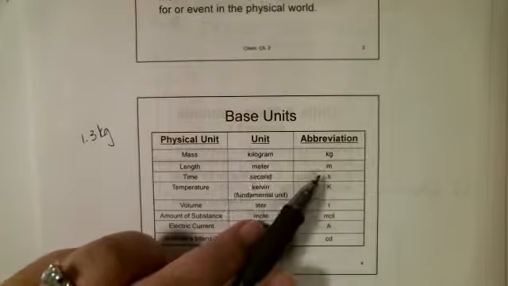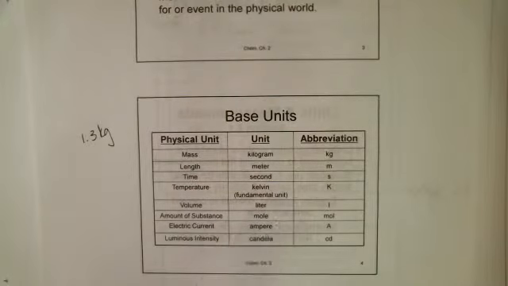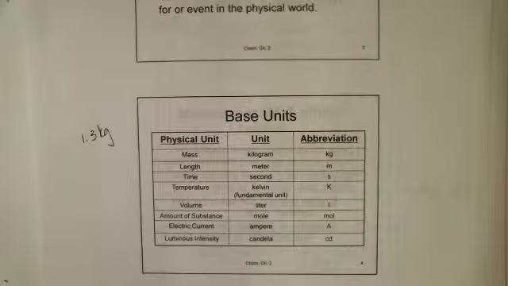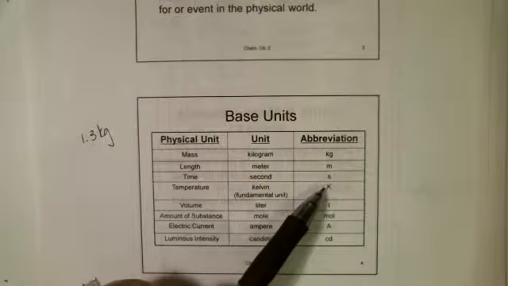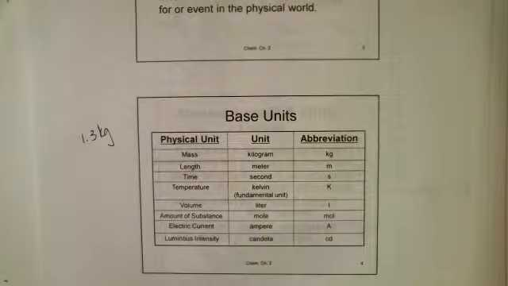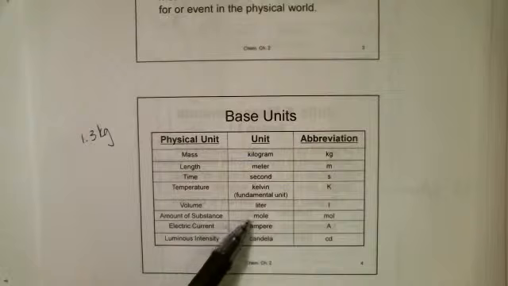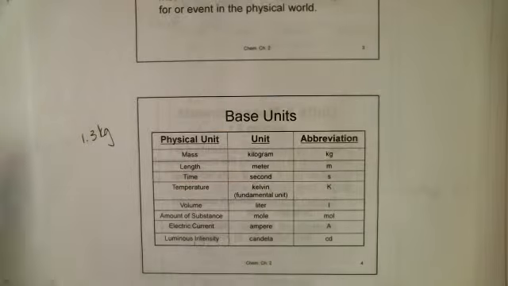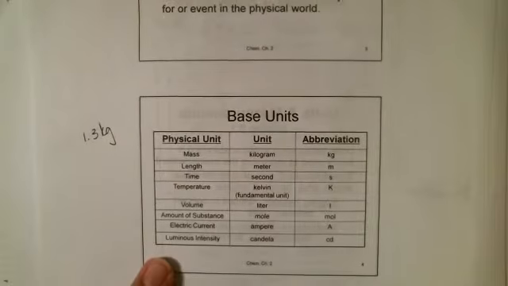Length is measured in meters, time in seconds, temperature in Kelvin. Note that it's not degree Kelvin, like degree Celsius or degree Fahrenheit. It's just K for Kelvin. Volume is measured in the liter, amount of substance in the mole, and we'll talk about that later, electric current in amperes, and luminous intensity in candela. So make sure you guys know this table.